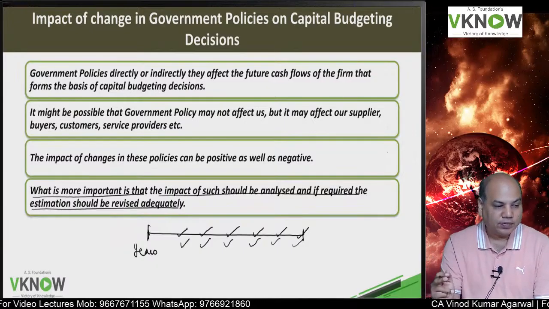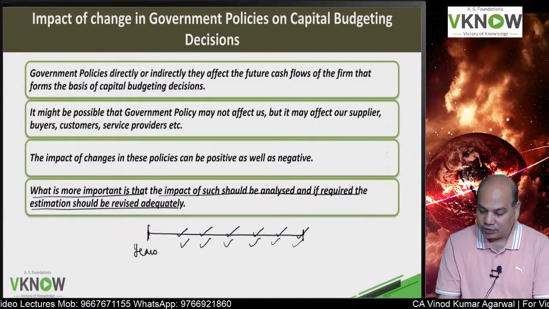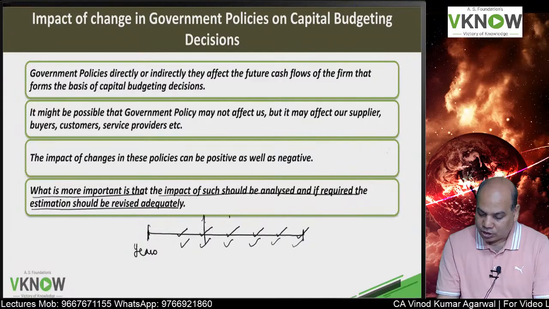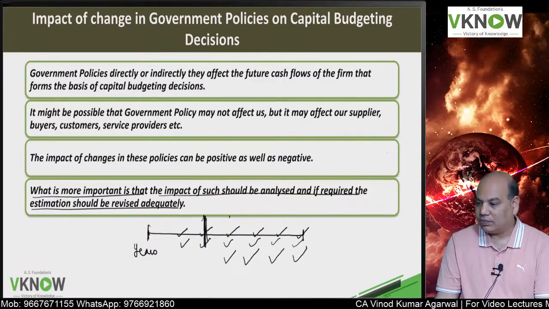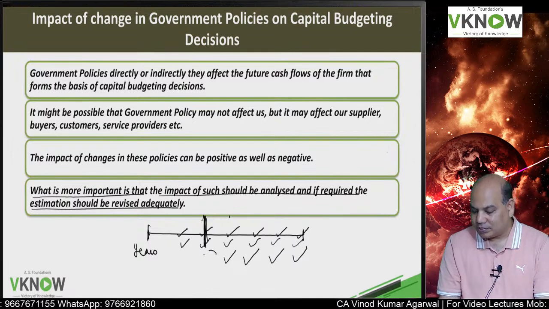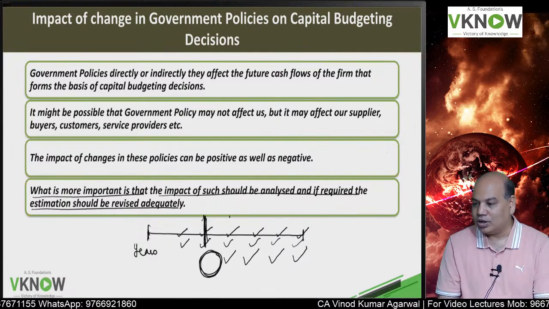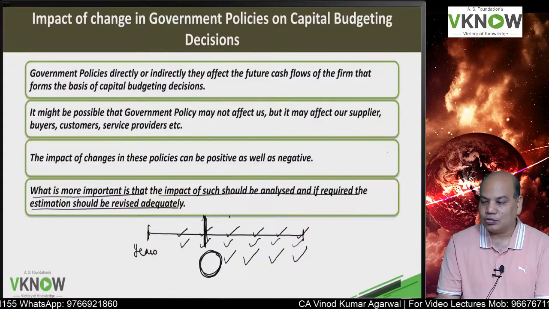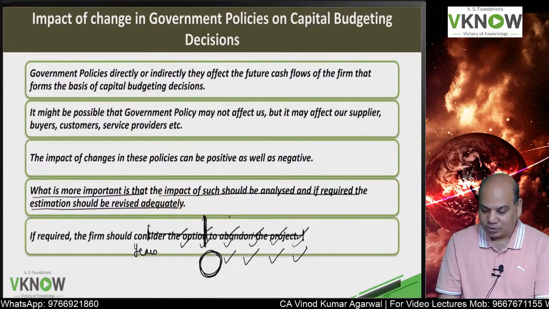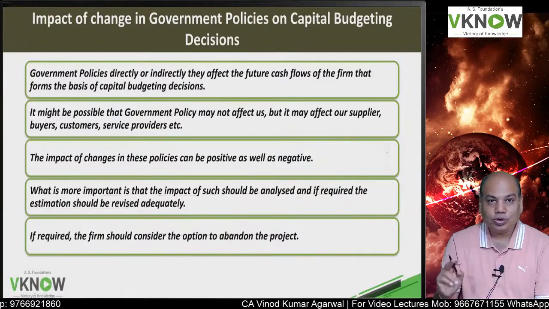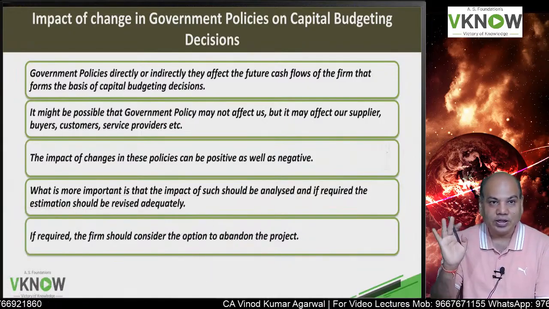Will it be positively affected or will it be negatively affected? And suppose the government policy changes here, again you will have to revise the estimate, compare with your abandonment value here and see whether you should continue or abandon the project. If required, the firm should continue to think about abandoning the project.